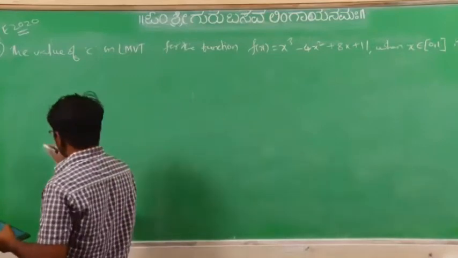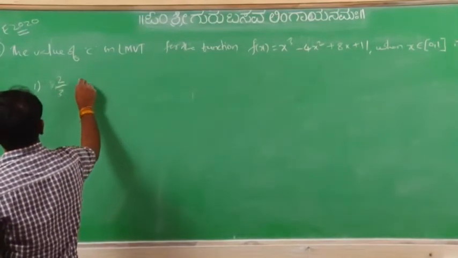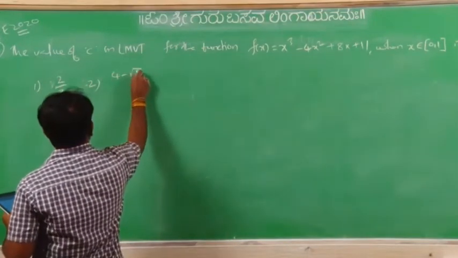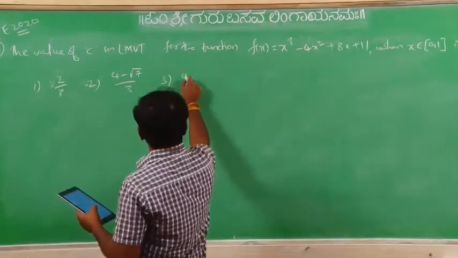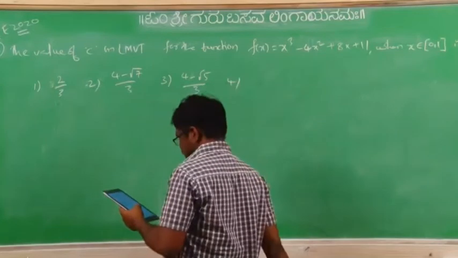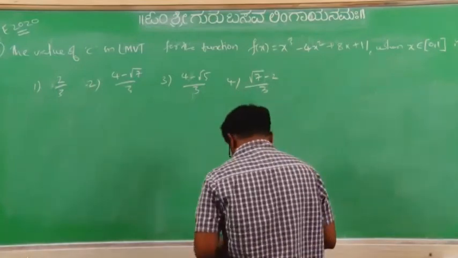The first option is 2 by 3, the second is 4 minus root 7 by 3, the third is 4 minus root 5 by 3, and the fourth is root 7 minus 2 by 3.